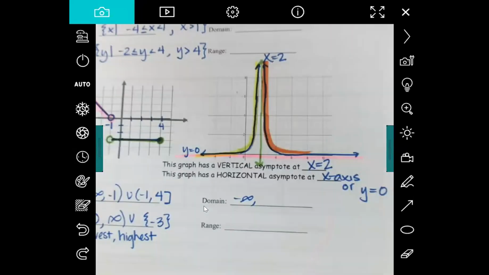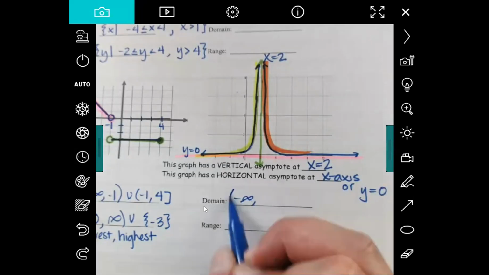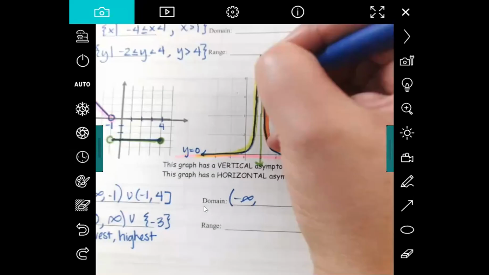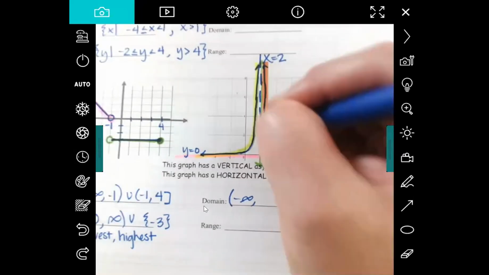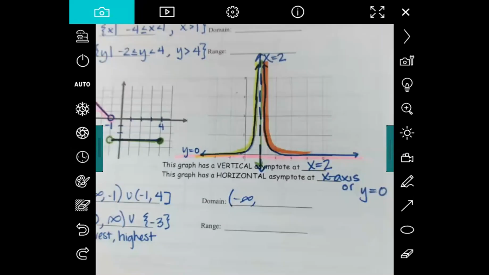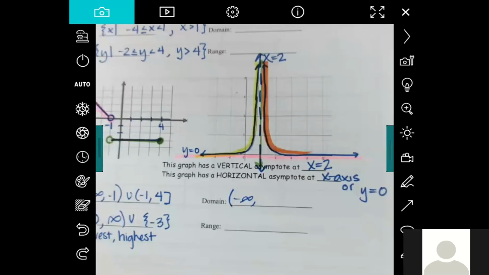It can go to the left forever and ever, but when does it have to stop? What x value is it stopping at? Two. 2 is correct.